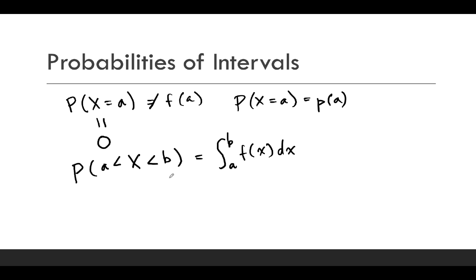And note, because the end values a and b both have probability 0, this is also equivalent to this expression. So whether you include A and B or not is irrelevant. You still get the same probabilities because you still end up with this function right here, this calculus function. And that's how you calculate the probability of a random variable being between A and B.